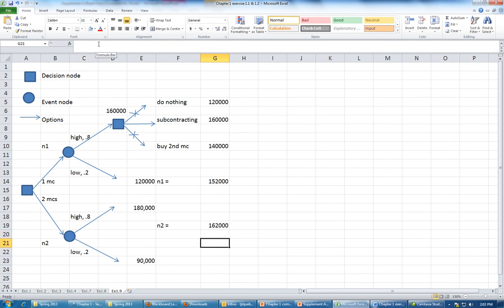As you compare the two nodes, you can see that node number 1 is lower than node number 2. Sometimes we just report the value right next to the node.